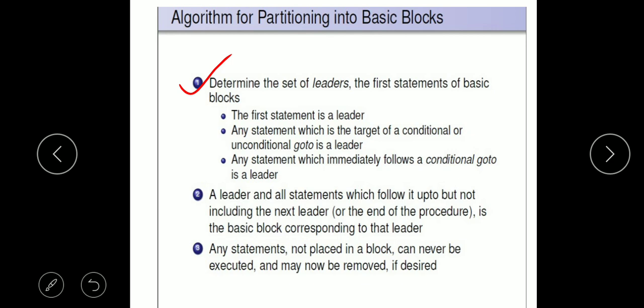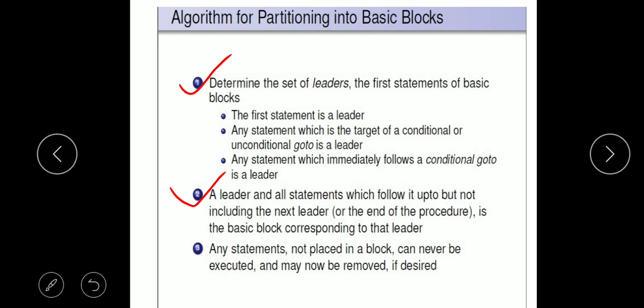That is step number 1. And second, once you identify all leader statements for the given intermediate code, you need to use rule number 2, this one. We will see one by one. First of all, we try to understand how to identify leader statements.